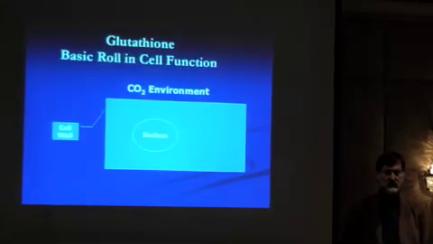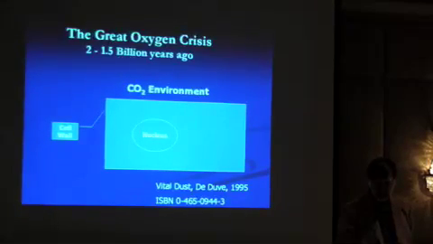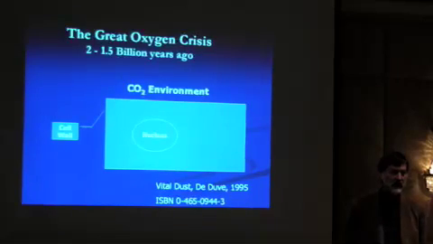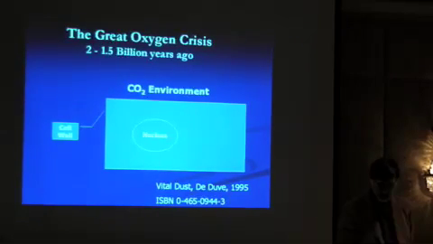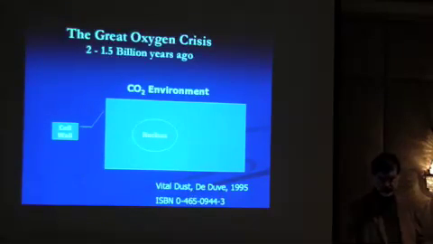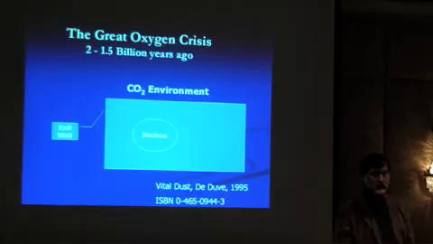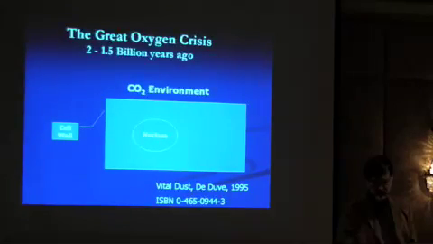CO2 was prominent in the environment, and blue-green algae eventually developed, which then released oxygen as their byproduct of photosynthesis, and created what's called the Great Oxygen Crisis, somewhere between 1.5 and 2 billion years ago. And so all these organisms that had been living in a CO2 environment suddenly needed to deal with oxygen.